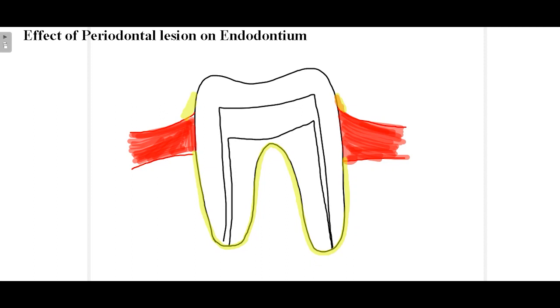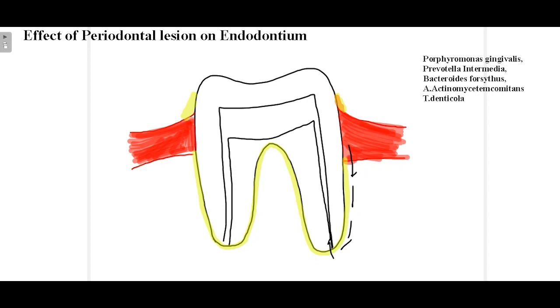Now when this leads to periodontal disease, the bacteria then move downward, downward, and then invade the endodontium or the pulp, and this is how periodontal disease affects the endodontium.